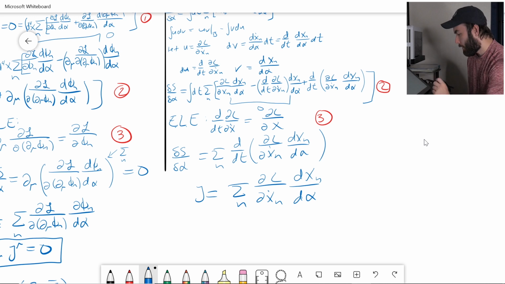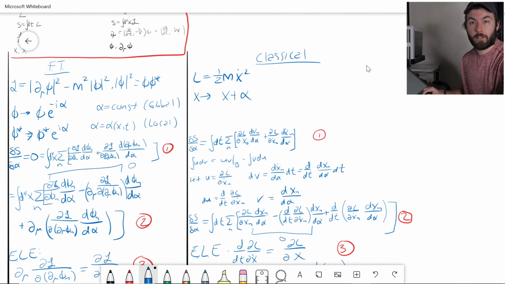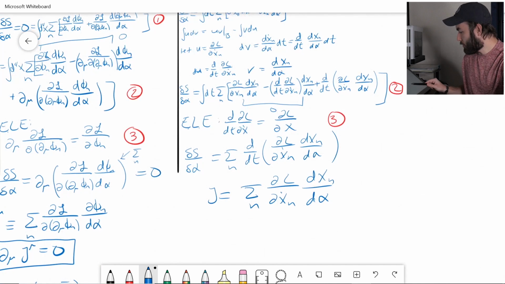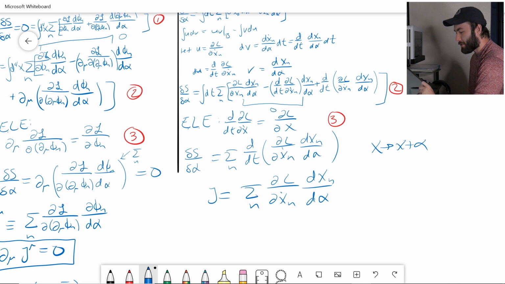Well, the y's and z's are left unchanged. We're not changing those at all. We're only doing a translation in space. x goes to x plus alpha. So when we're doing the summation, two of the three terms that would contribute, the y's and the z's, are just zero because the derivatives are zero because they were never changed in the first place. But if x goes to x plus alpha, taking the derivative of x with respect to alpha just gives you 1.